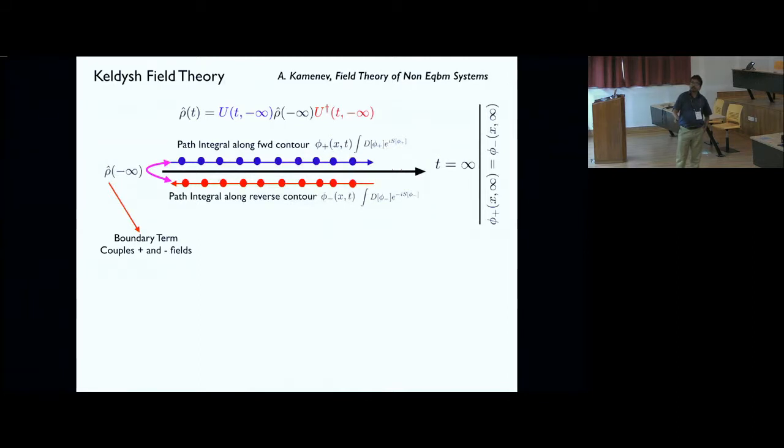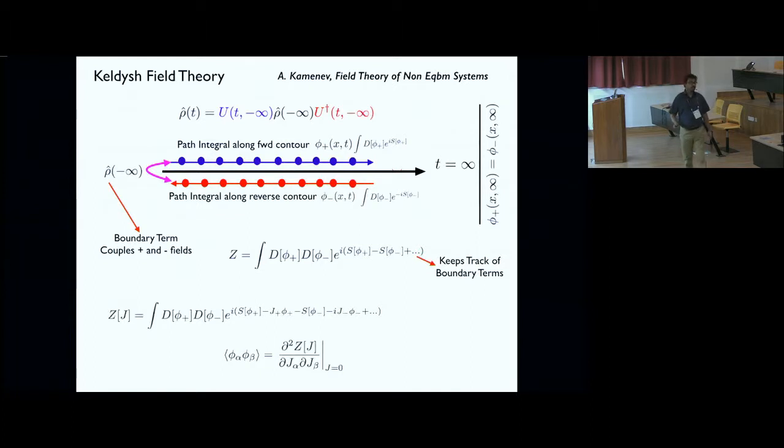This will come up as a boundary term. You have to be careful in formally just skipping it for some time until you get to propagators and so on. But modulo that, these are the two things that immediately couple the plus and minus fields. Of course, interactions, baths, and everything else will give rise to more and more couplings and corrections to this. Okay, so then as I wrote down, you have a partition function, which is in terms of this phi plus and phi minus, and this dot dot basically tells you that you should have additional terms you should keep track of.